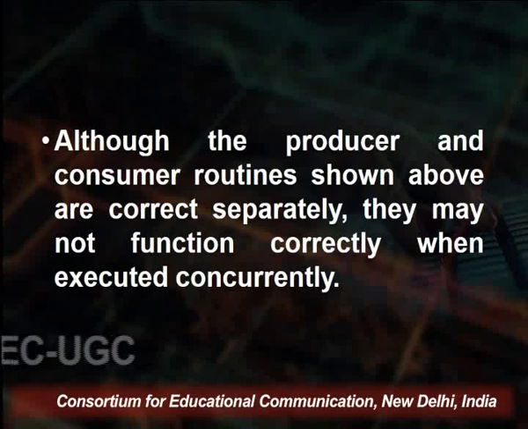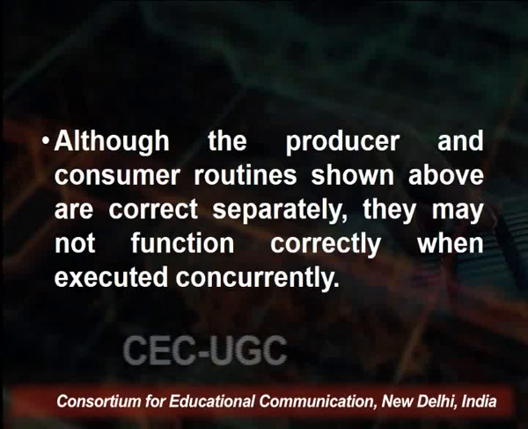Now, although one problem has been solved, the producer and the consumer routines shown above are correct separately. They may not function when they are executed concurrently. That means the producer is also in execution, and so is the consumer.